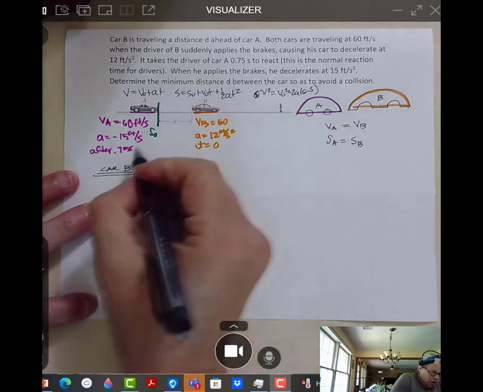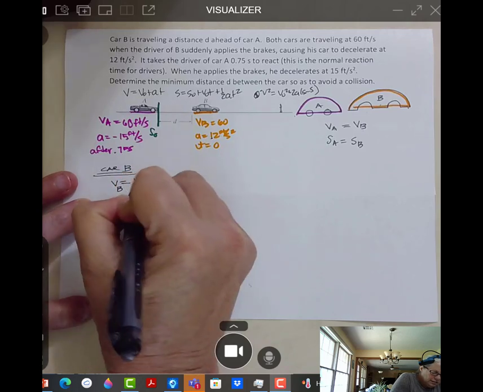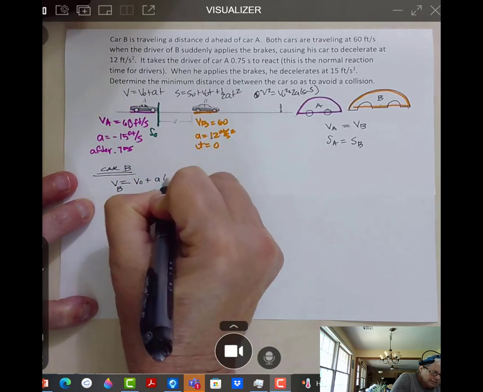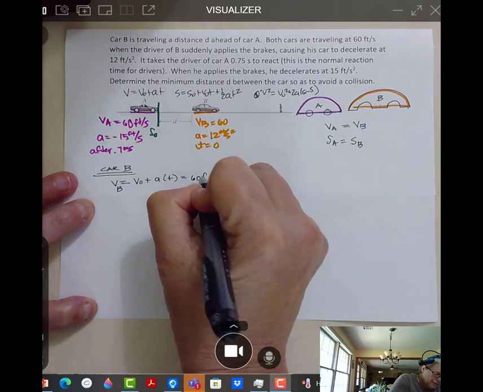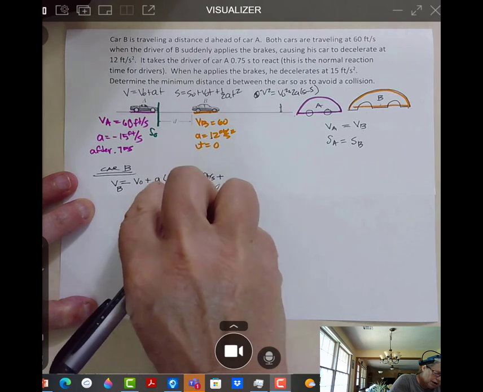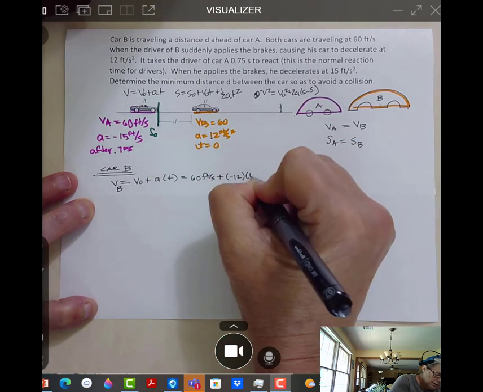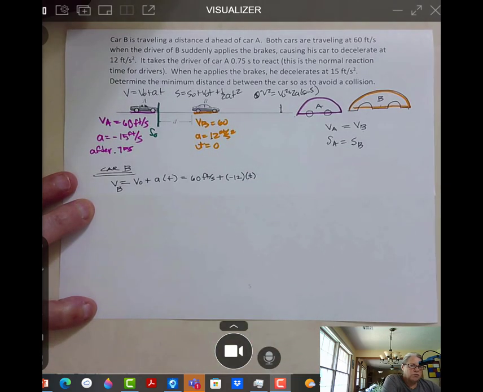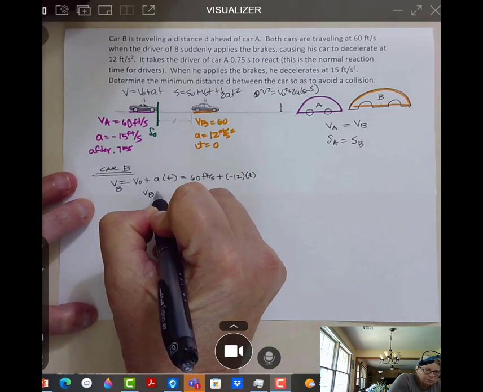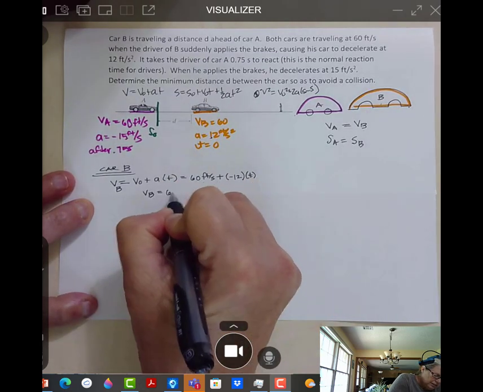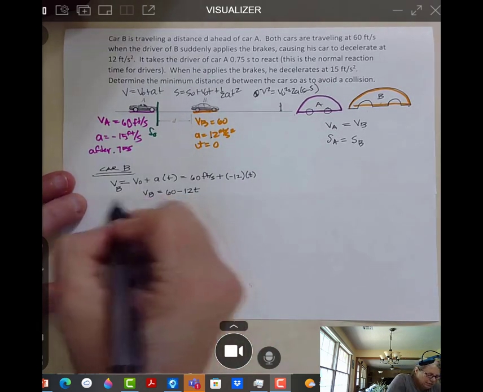So the velocity of car B at this point is the initial plus A times T. Our initial velocity is 60 feet per second plus our acceleration, negative 12 feet per second squared, times time. I don't know the time that it's going to take, but this is what we have. So my velocity of B equals 60 minus 12t. Now I can do the same thing for car A.